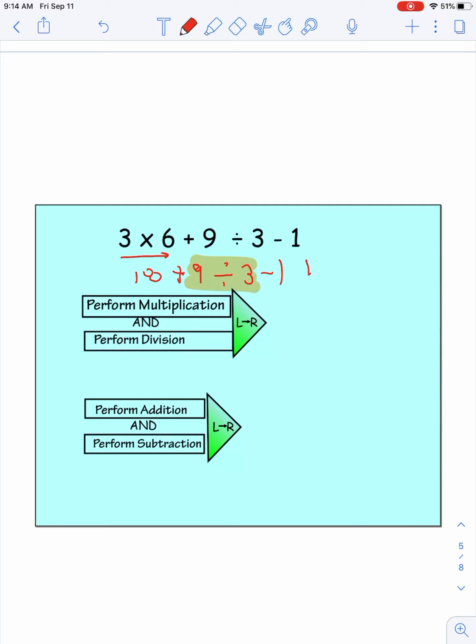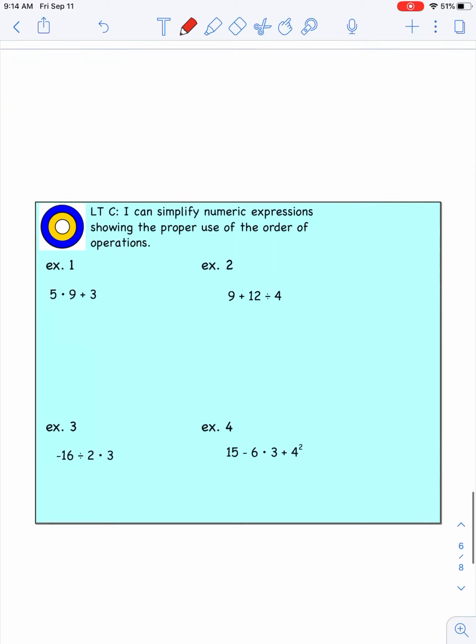So now I'm going to have 18 plus 9 divided by 3, which is 3, then minus 1. So the next thing that I do is this, because that's the first. 18 plus 3 is 21. Now I subtract that 1, and that's how you get the answer of 20.